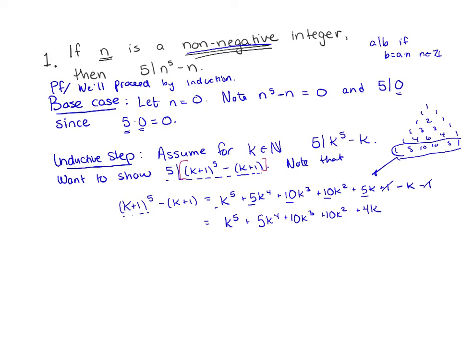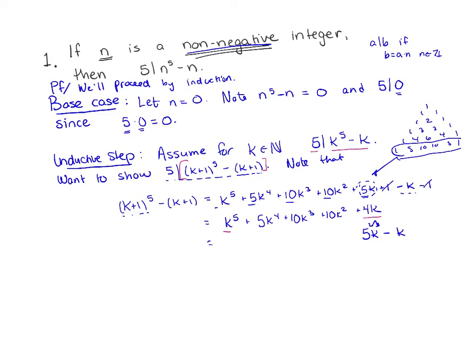Now I know that 5 divides k to the fifth minus k. So I want to try to change my k to the fifth and my k terms into a k to the fifth minus k. So I note that I can take this 4k. 5s are good because those are divisible by 5, so I can write it as a 5k minus a k. Maybe I should have actually left it the way it was originally, but that's okay. We noticed that later.